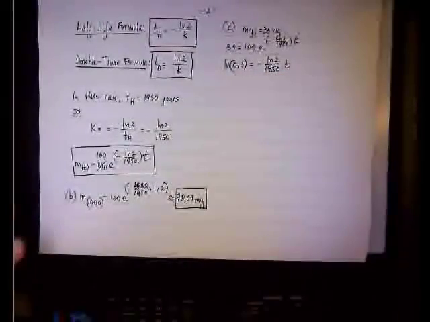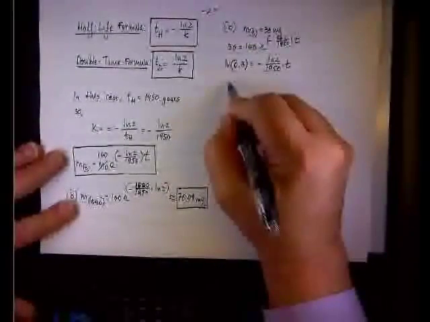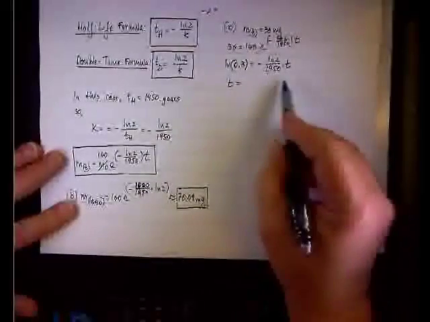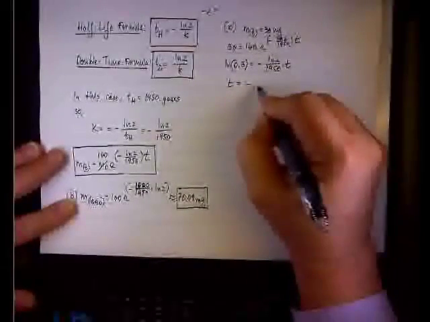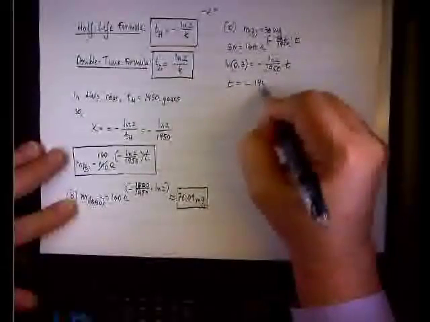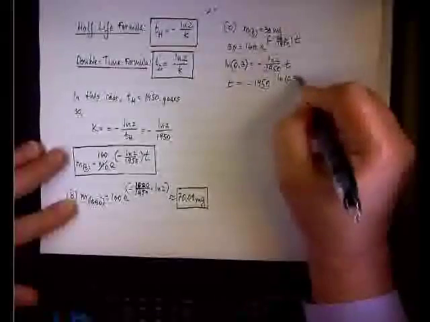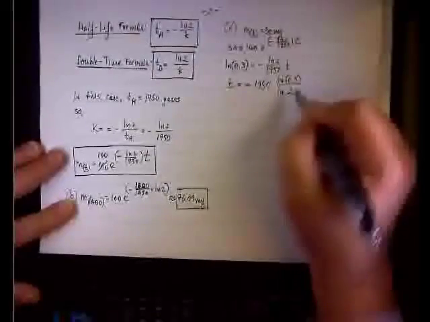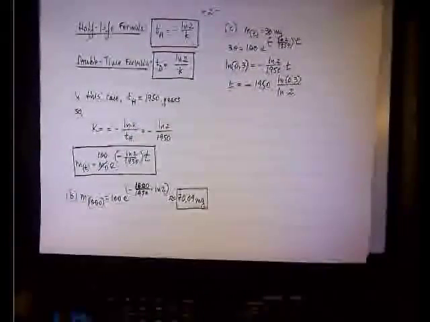Now to solve this, of course, all we need to do is use a little extraction here, and we're going to say that t equals negative 1,950 times natural log of 0.3 divided by the natural log of 2. Can I simplify the ratio of the two natural logs?